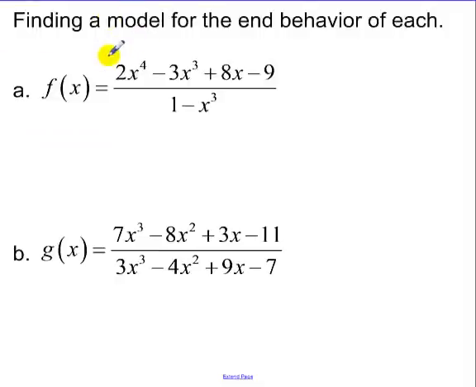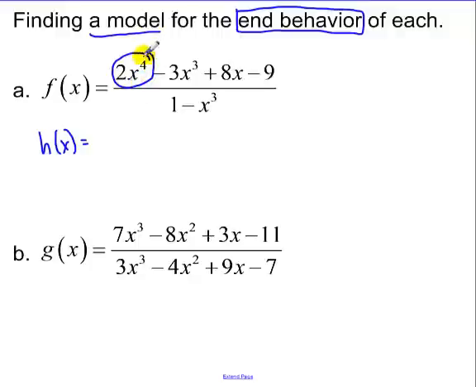Finding a model for the end behavior of each. Finding a model is essentially a fancy way of saying an equation for the end behavior. What happens as these values get really, really big? You have to just look at what we did with horizontal asymptotes. What is this going to look like at the very end? Well, we just worry about the highest power on the top and the highest power on the bottom.